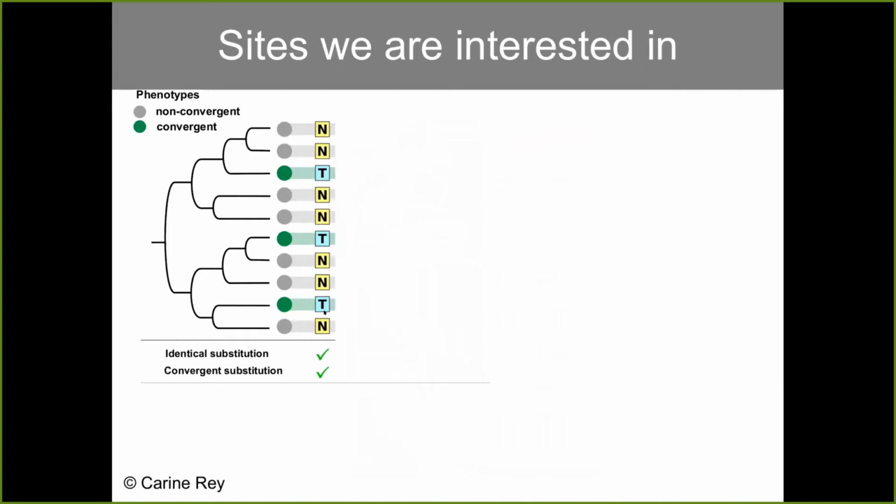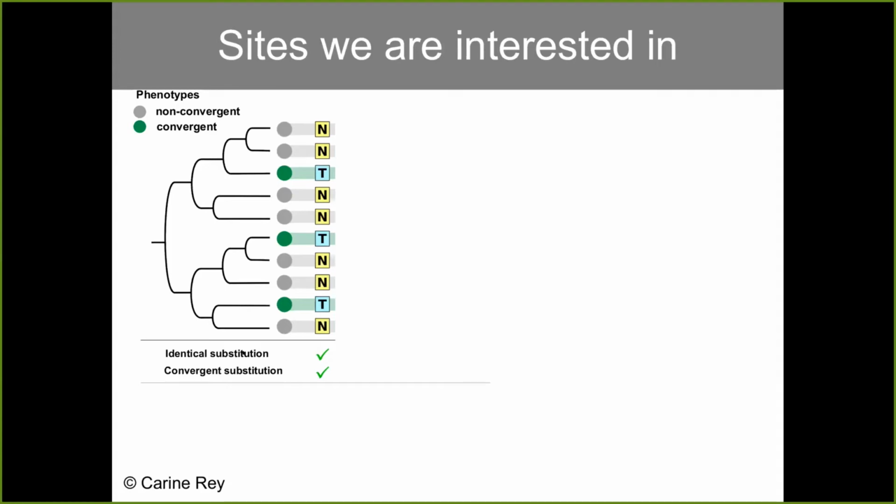Here we have a case that looks very much like the prestin gene, the echolocation gene, where we have a particular N state in all species with the non-convergent phenotype and a T state in all species with the convergent phenotype. So every time the species acquired the convergent phenotype, they had the same substitution.